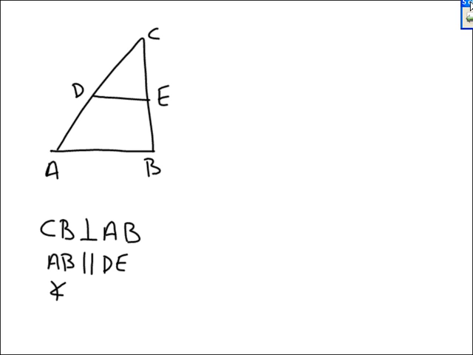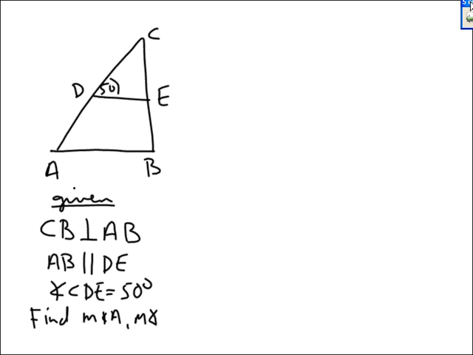And angle CDE is equal to 50 degrees. So that angle is 50 degrees, and this is what's given, and you want to find, say, the measure of angle A, the measure of angle C, and the measure of, say, one of the angles, CED.